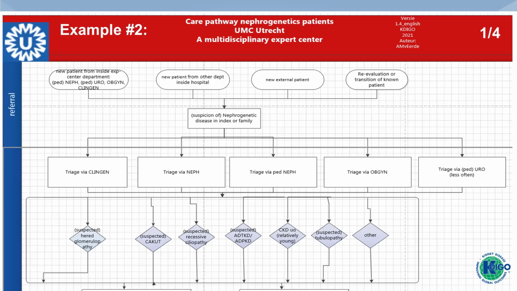So they come to us if there's a suspicion of a nephrogenetic disease, either in the index patient or in the family. They can enter via multiple routes: either via the clinical geneticist, or via nephrology or pediatric nephrology, via OBGYN, or via pediatric urology, I'm sorry.